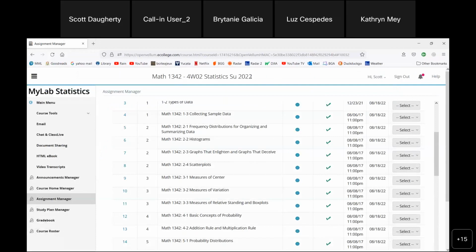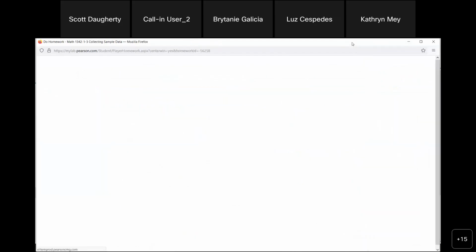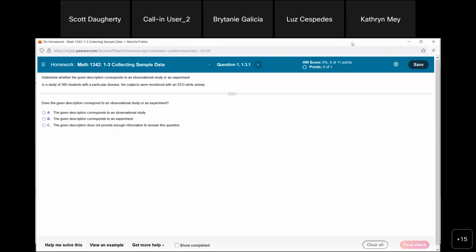All right, and then the last thing I want to do, we have maybe 15 minutes here, is to talk about 1.3. So 1.3 is about collecting our data, the ways that we can do that.